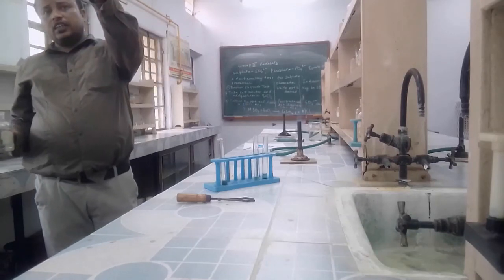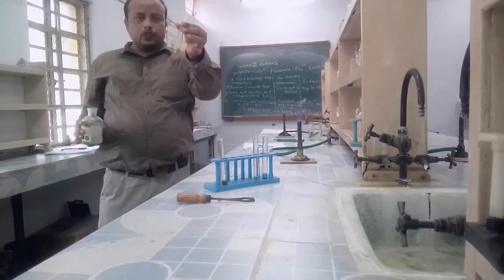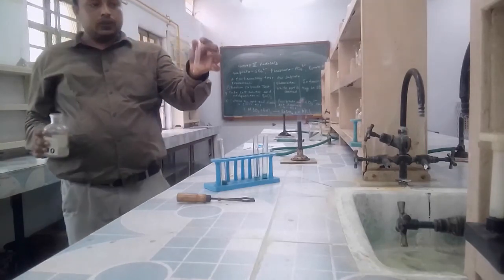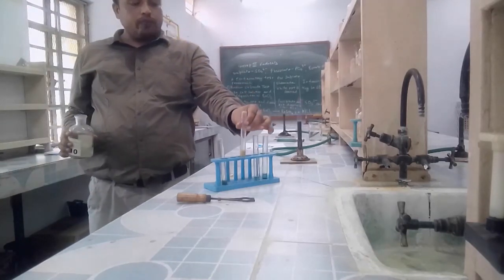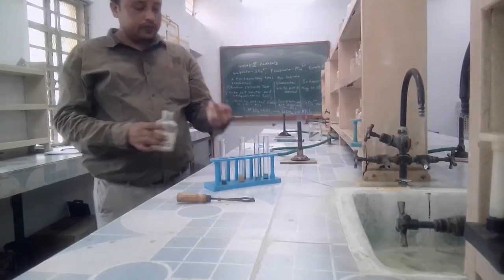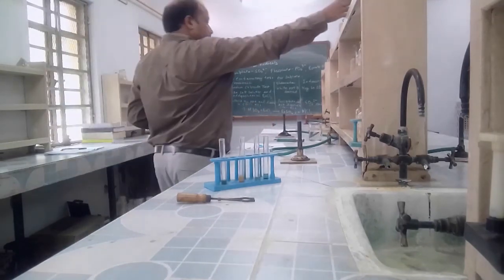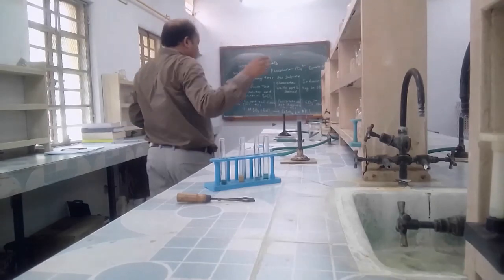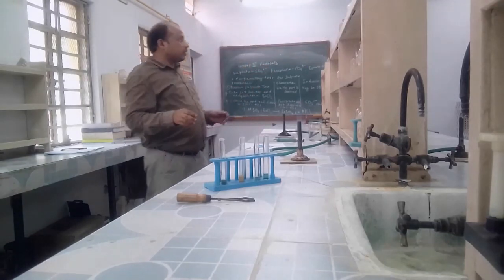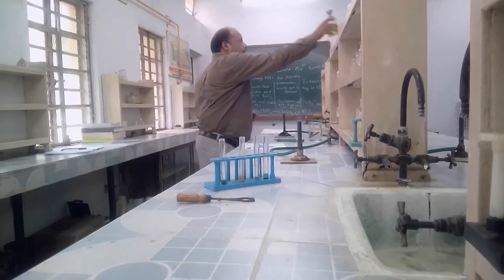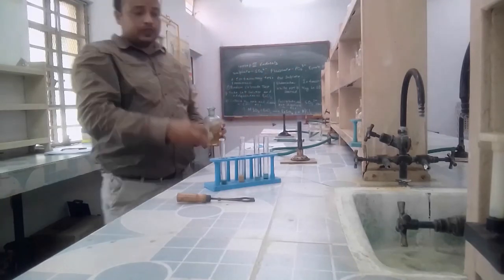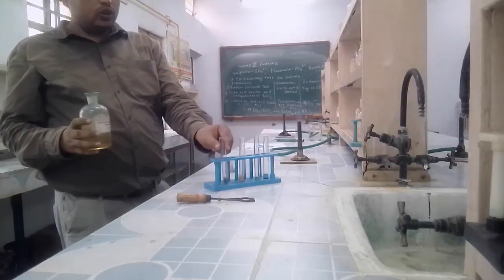You see here, a white precipitate is obtained, so copper is confirmed. And in the other test tube, we have to add K4[Fe(CN)6].